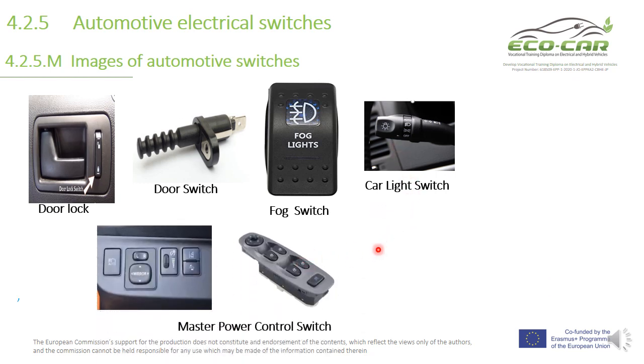This is a master power control switch to control the doors, on off of the doors, to open and close the windows of the vehicles, also the center lock of the doors, and here also for mirrors, for the lights, for everything in the car by the driver.